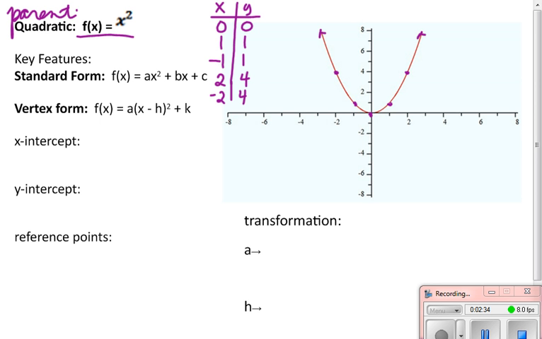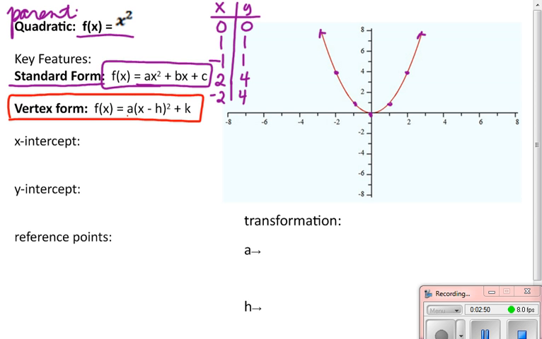So some key features. We can look at the quadratic in standard form, where we have ax squared plus bx plus c. We can also look at it in vertex form. Here's your a, which is the same. Now I have x minus h, the quantity squared, plus k. And these k's and c's look alike, but they are different.